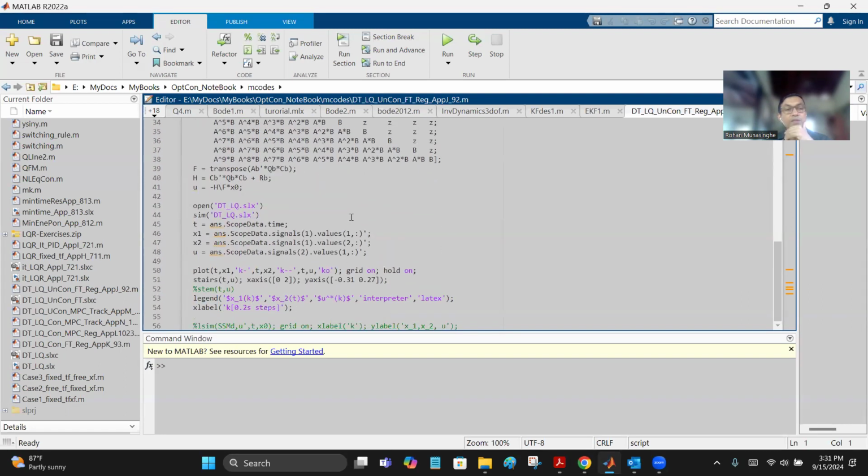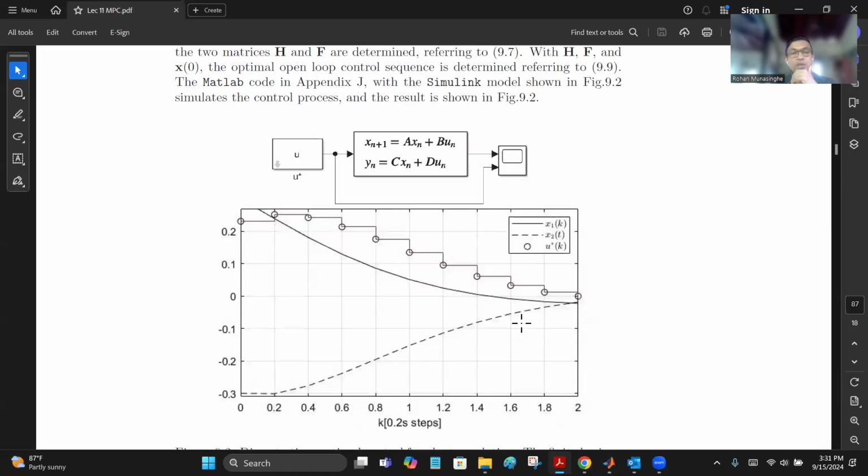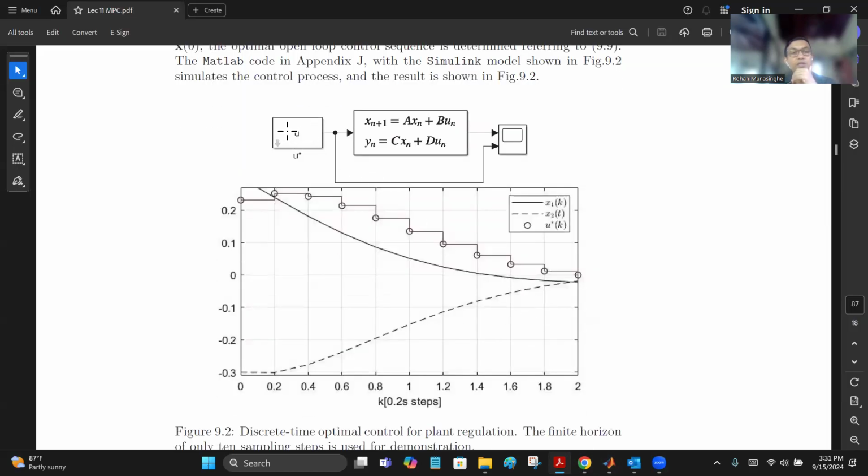So let me run it. While it is running, let me get back to this one. You can see this one. This is the control sequence already calculated, pre-computed, and we give it to the state space model and we get the result.